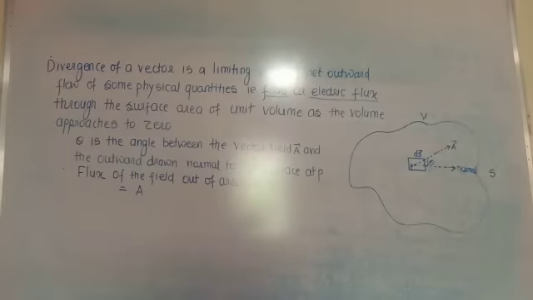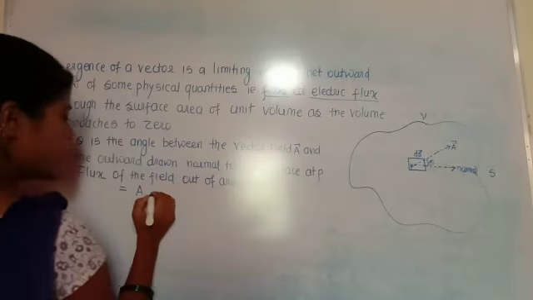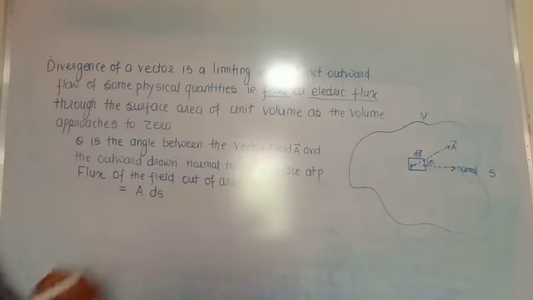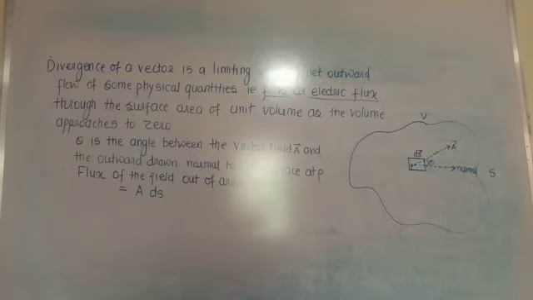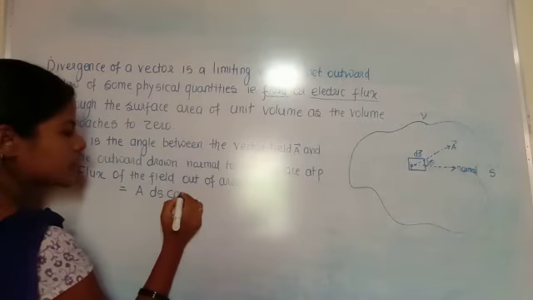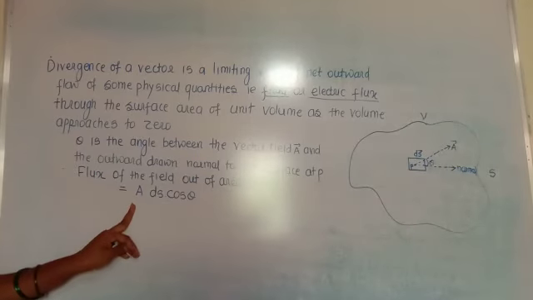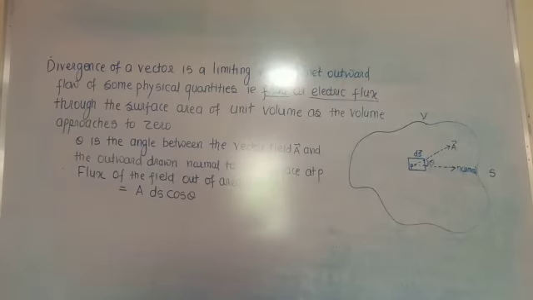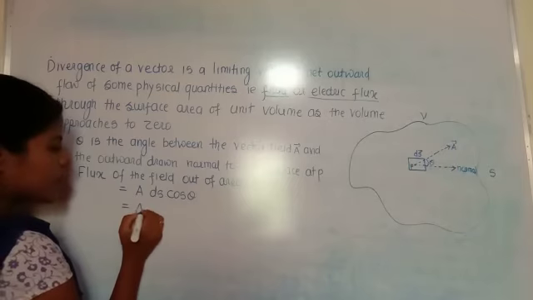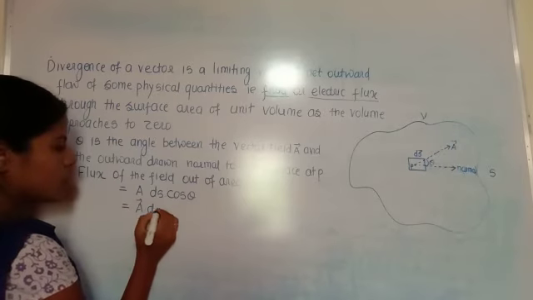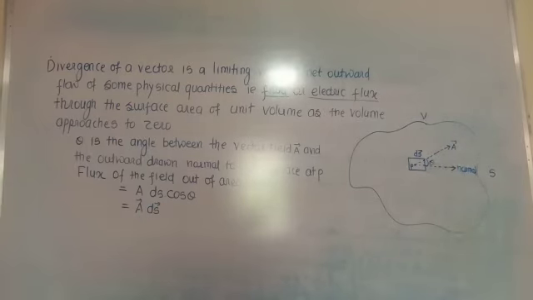A into area ds. And ds has a value cos theta, that means the vertical component of ds, that is A ds cos theta, and it is nothing but the vector A dot vector ds.